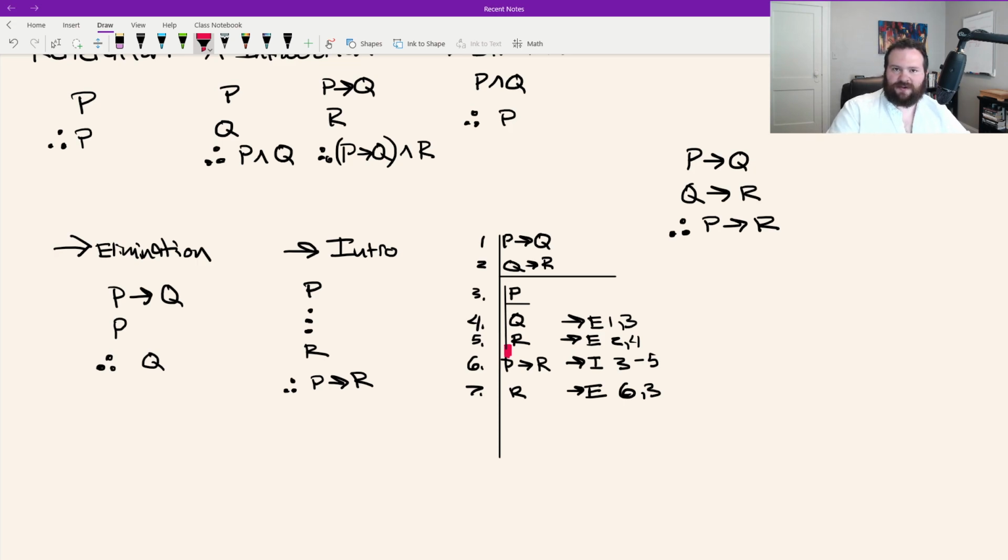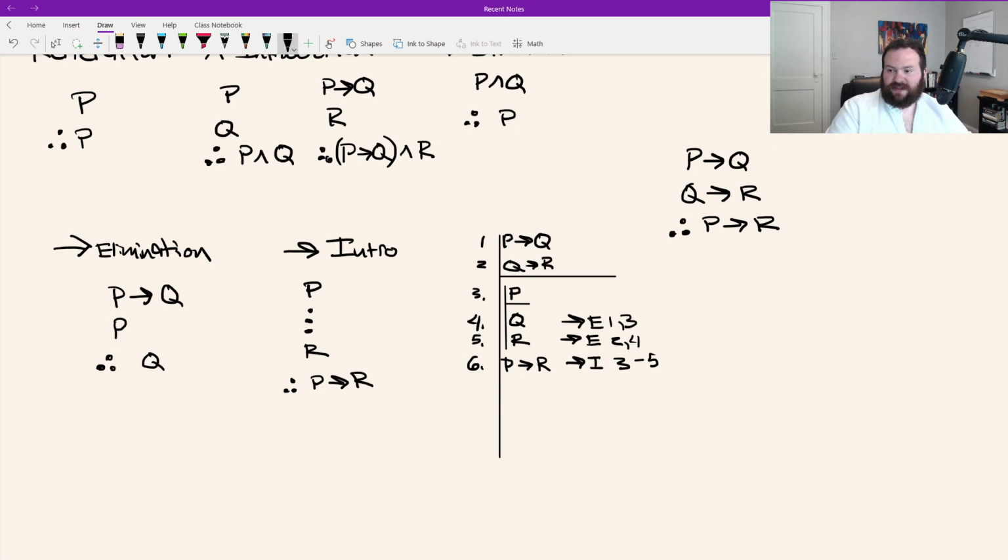That's why the vertical bars are so important. They help you keep track of what information you can and cannot refer to. And you can't go right. You cannot refer to information that is further to the right of the vertical bar you're presently under. Okay? So line 7, you can't do that.